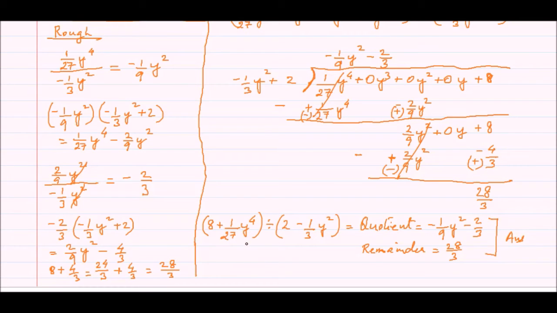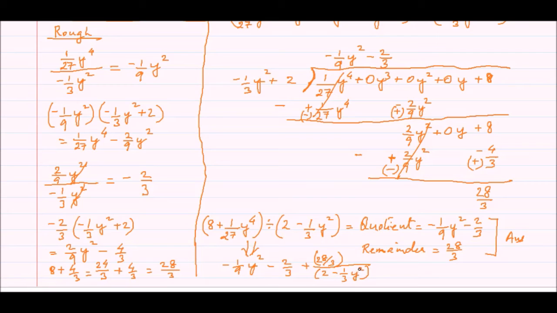or you can write the answer as minus 1 by 9 y square minus 2 by 3 plus 28 by 3 divided by this divisor, 2 minus 1 by 3 into y square.